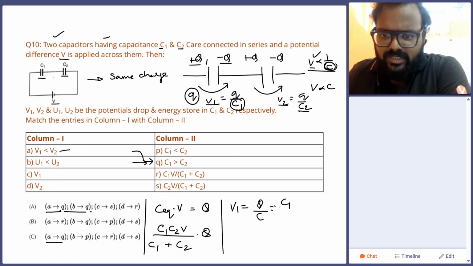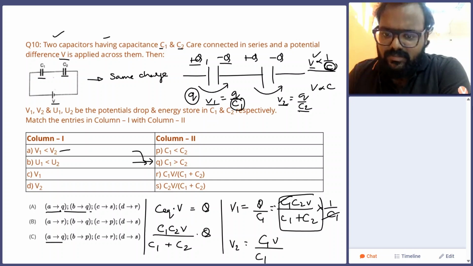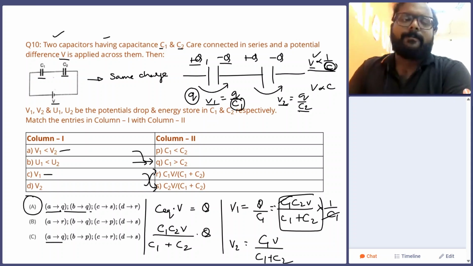So C1 C2 V over C1 plus C2, times 1 by C1, gives C2 V by C1 plus C2. Similarly, this will be C1 V by C1 plus C2. So when you have V1, there should be C2, which is S, and this is R. So the answer is A.